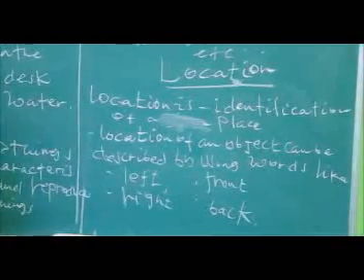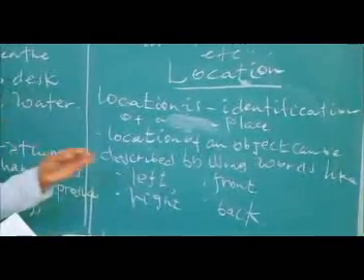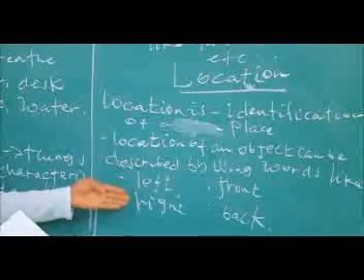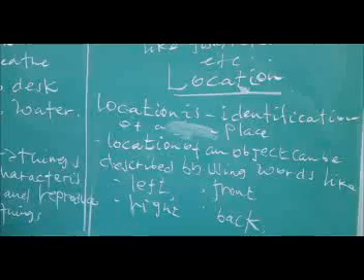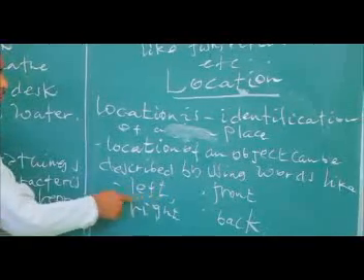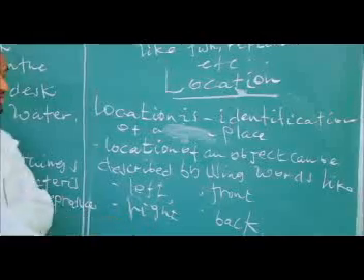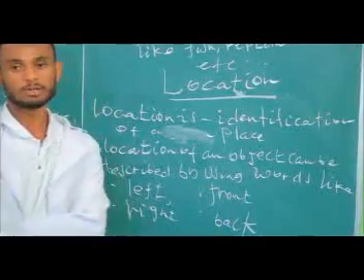Students, you can locate a given object by using these four types of description. You can locate by the word left, the word right, the word front, and the word back.